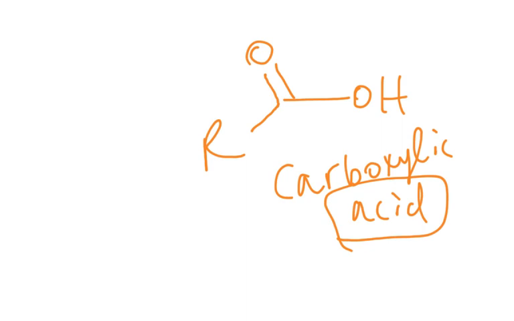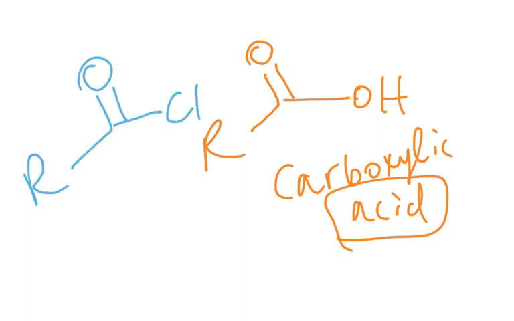And if we're talking about something similar, if I drew this, but instead of drawing an OH, I drew a chloride group, this would be called an acid chloride. So you can see it's a similar structure to carboxylic acids, but instead of the OH, we have a chloride. So that's why it's called an acid chloride group.